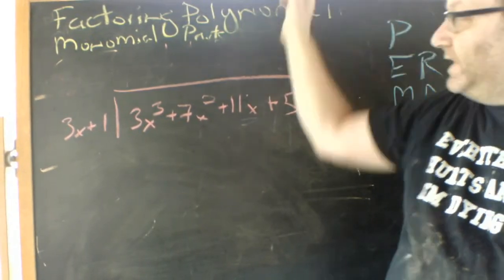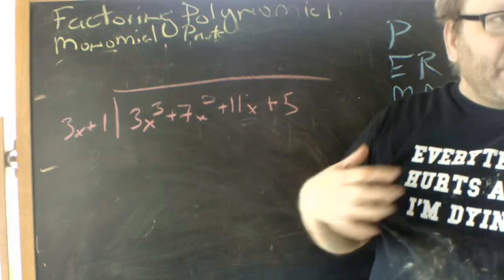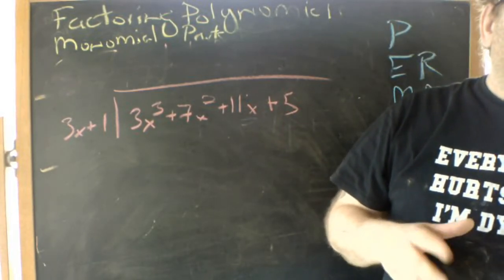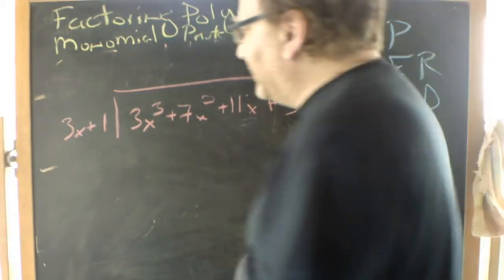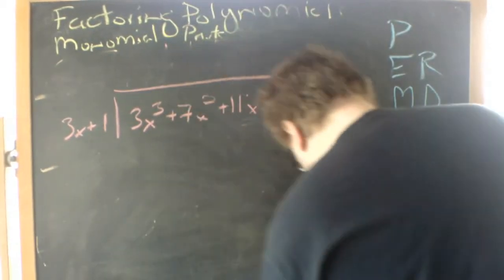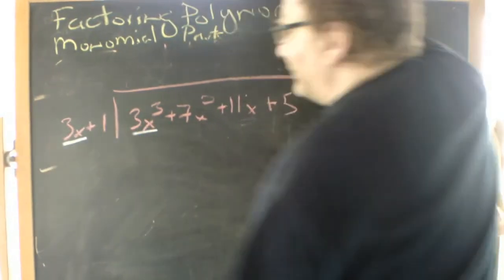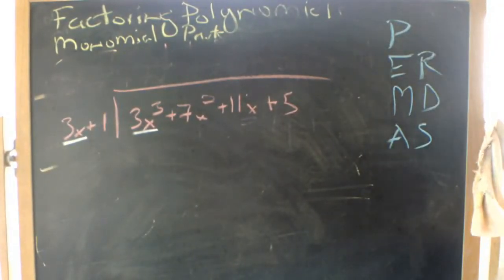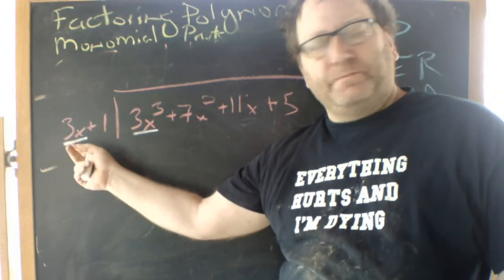Now my place values are going to be these powers of x. The nice thing about doing it in a variable compared to a number is we don't have to think of all the multiples. The only thing we have to worry about are the leading terms. So for right now, we only have to worry about the first thing here and the first thing here.